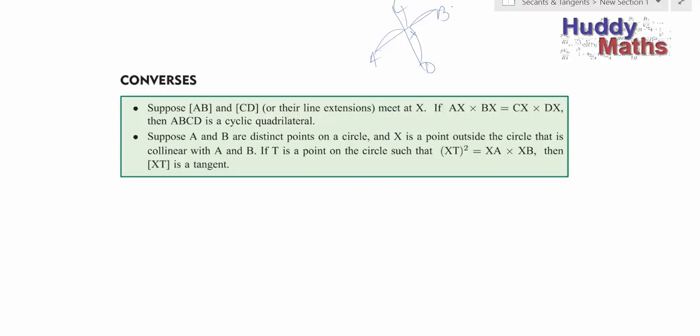AB and CD are chords, and we know that's a result. So this is the converse, going backwards. So that's a final way of showing that something is cyclic, using a converse or reverse of the intersecting chord theorem.